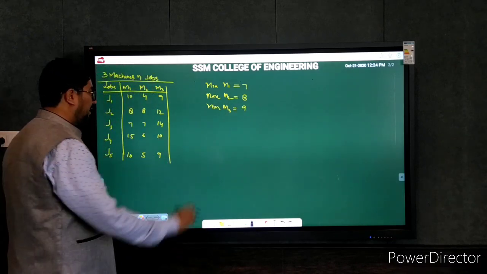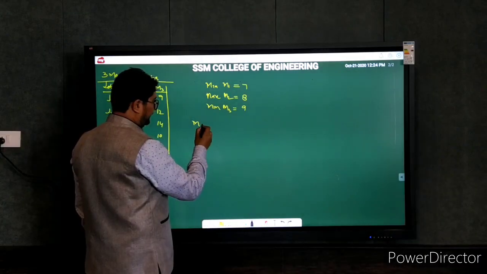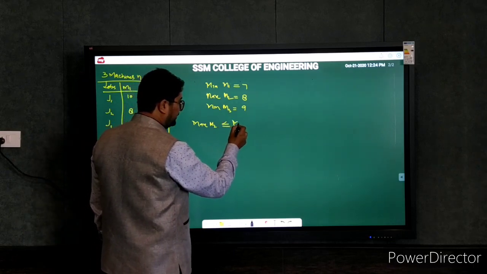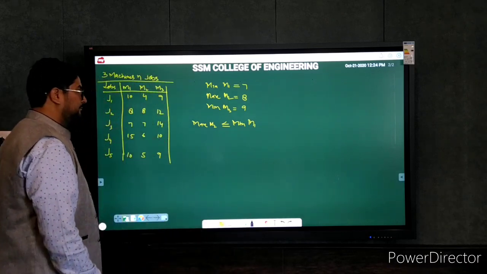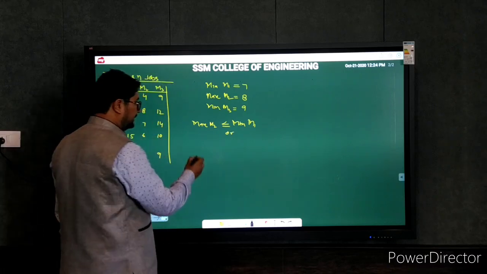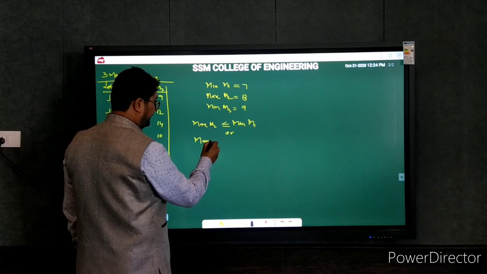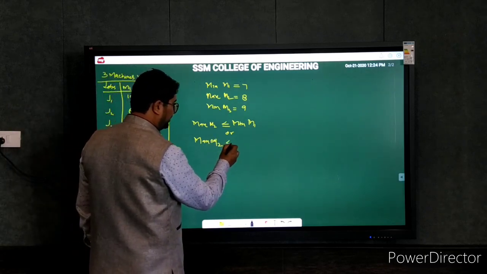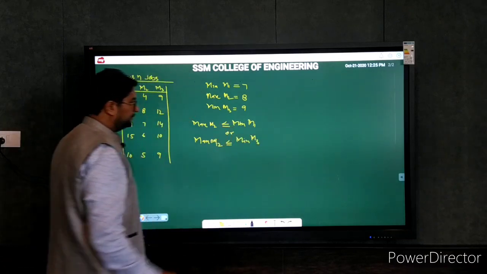What are the tests now? Either max of M2 has to be less or equal to min of machine 1, either this test has to be fulfilled, or max of M2 has to be less or equal to min of machine 3.